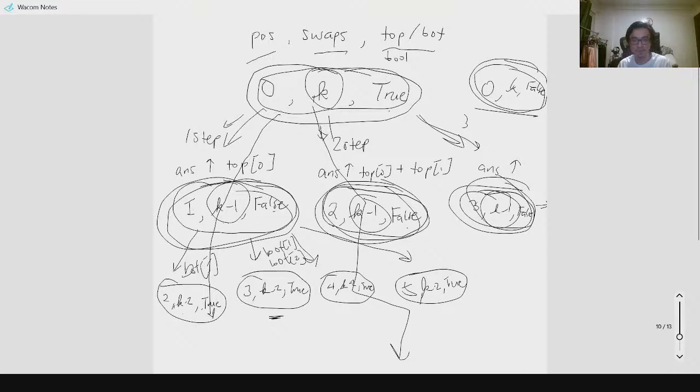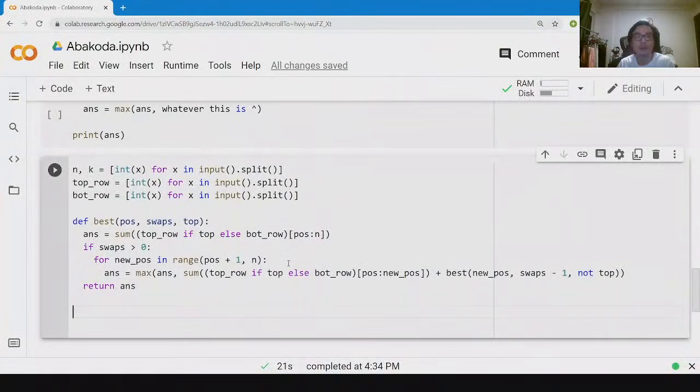So how do I do that? In code, that's going to be max best 0. I have k swaps and I am at the top, or 0 still, k swaps, but I'm at the bottom. Okay, hopefully this actually works. Let's try.